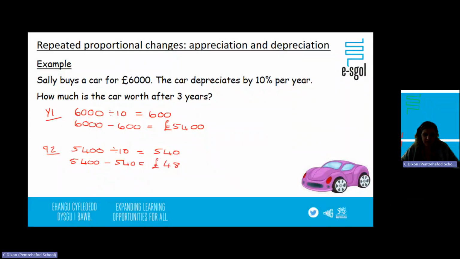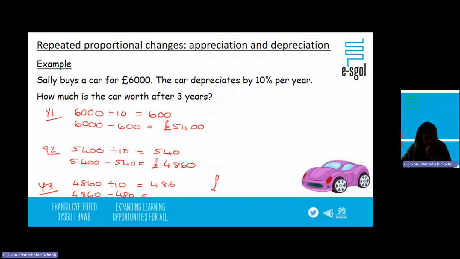So 4,860. You can see the price is going down each year, which is what you expect as it's depreciating. Okay, so year 3, 4,860 to start. We're going to find 10%, so that's 486. We're going to take it away, and then you will have your final answer at that stage.